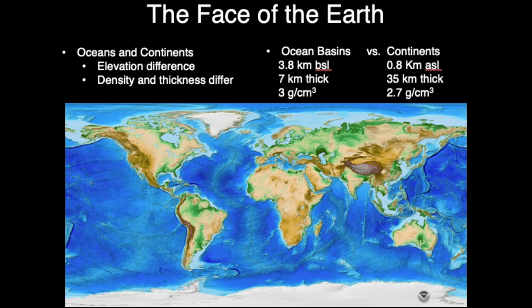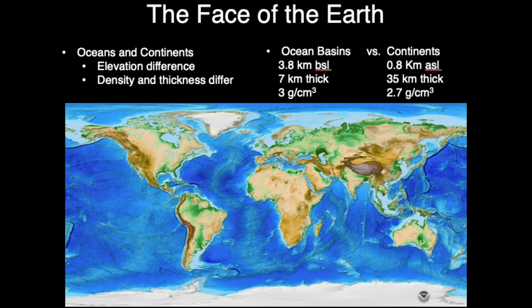And the composition of the oceanic crust is a little bit more similar to the continental crust than to the mantle. All right, so that's why they're still considered crust themselves, but they do differ.